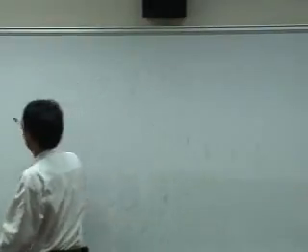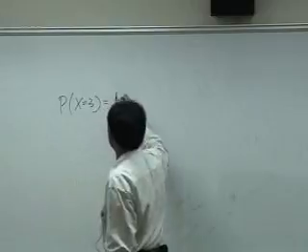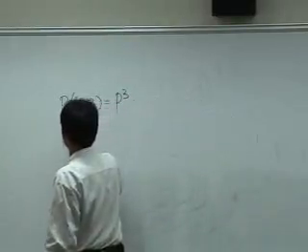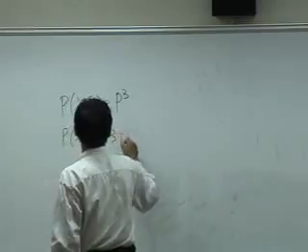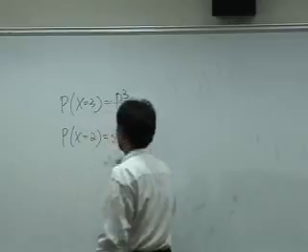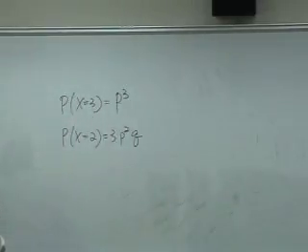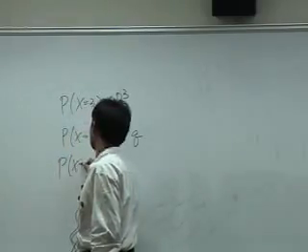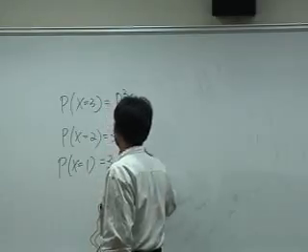First, P(X=3) is p to the 3rd power. Then P(X=2) is equal to 3p squared times q. And P(X=1) should be equal to 3 times p q squared.